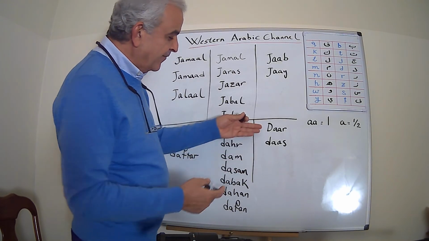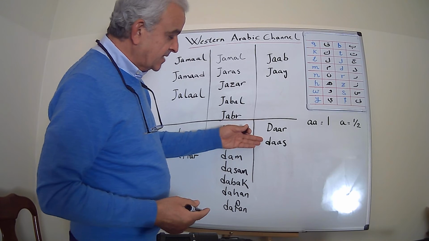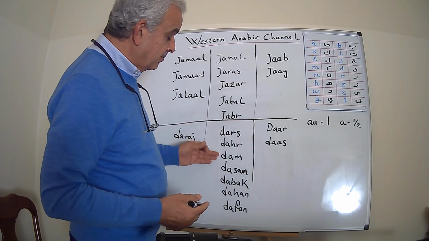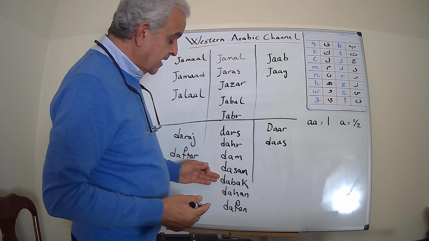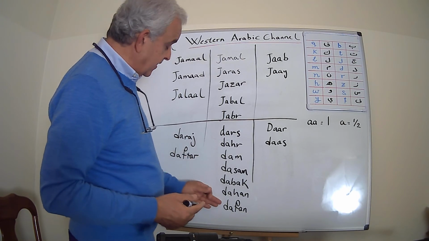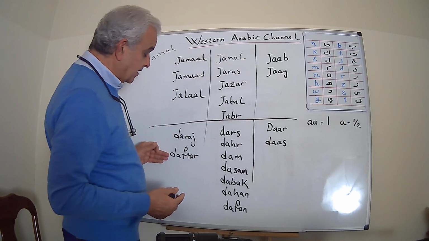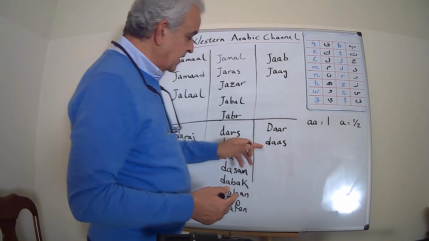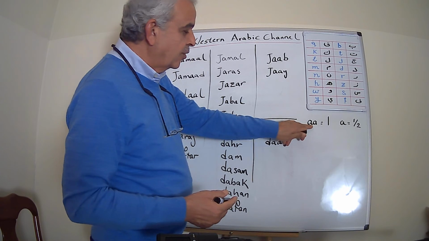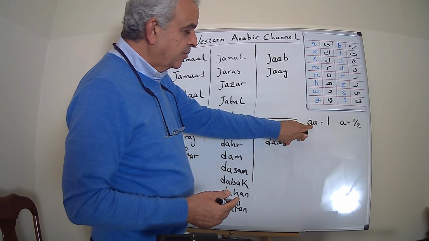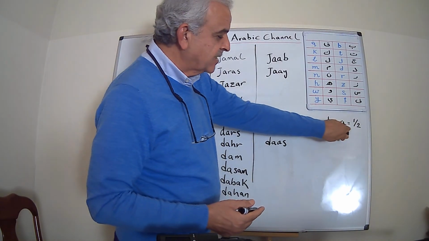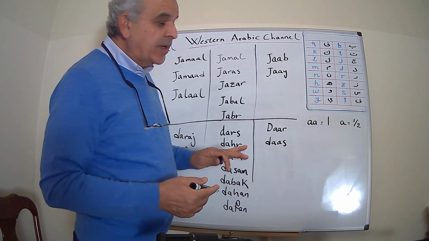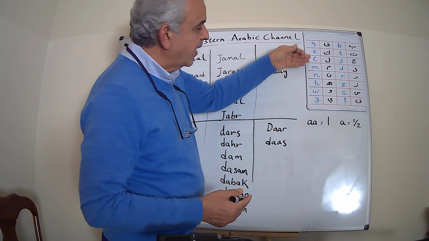So we have Dar, Das, Dars, Dahr, Dam, Dasam, Dabak, Dahan, Dafan, Daraj, Daftar. Those start with the letter D and either with a long sound or the short sound a. This is the way we continue writing all the other letters.